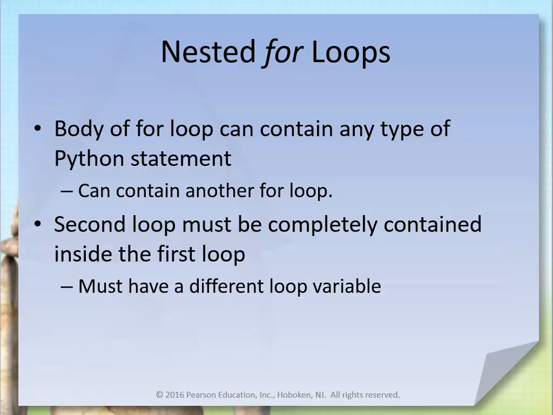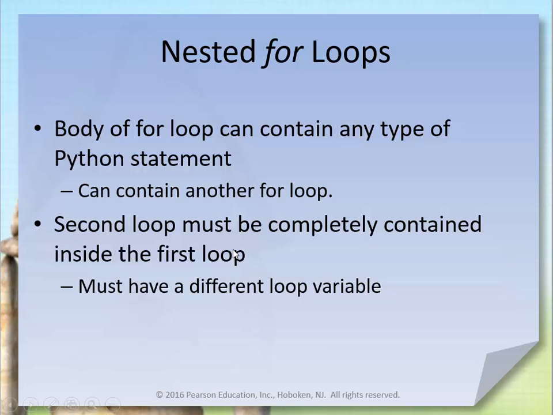You can also nest for loops. Just like we could with while loops, you can nest for loops inside of other for loops, or you can mix them all up. It doesn't matter. You can have for loops inside of while loops or vice versa. The only particular thing you have to watch out for is make sure that the second loop is completely contained inside the first loop.